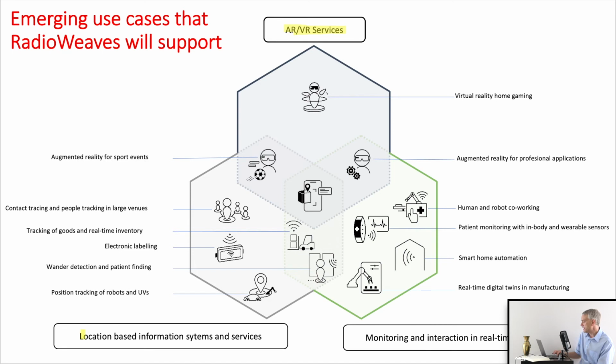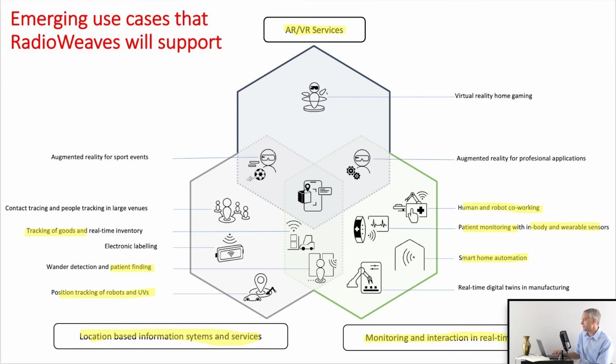And then location-based information systems and services, like tracking of goods, for example, patient finding in hospitals, tracking of robots and flying vehicles and so forth. And monitoring and interaction in real time, which includes smart home automation, humans and robots co-working, monitoring of patients, maybe with in-body and wearable sensors, and so forth.